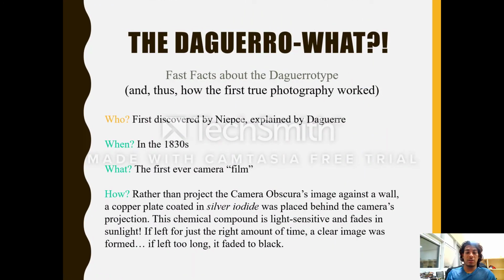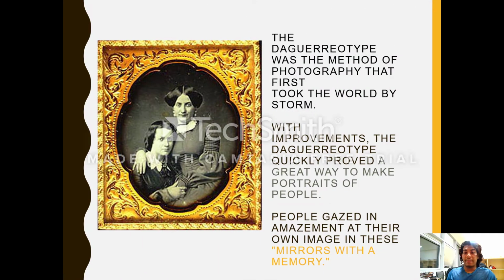So what is the daguerreotype? The daguerreotype was the same thing which was done in the camera obscura, but here, instead of using the wall, we were using a silver coated plate, a copper plate with silver iodide coatings to form images on it.